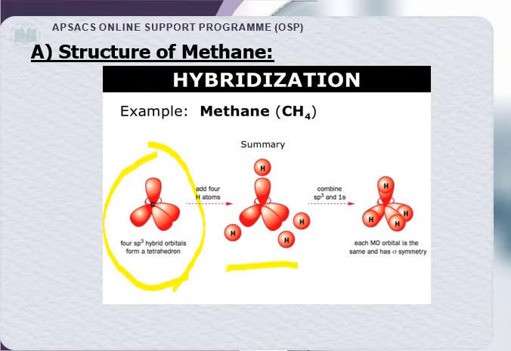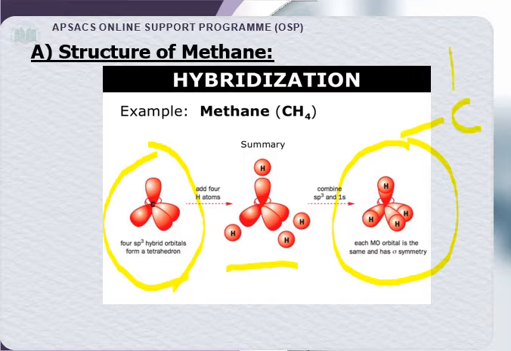Here we have the 1s orbitals of hydrogen, each of which will overlap with an sp3 hybrid orbital of the carbon atom, and it will give the formation of a tetrahedral molecule in which carbon is linked with four hydrogen atoms, making four sigma bonds, right? As each one is having a central axis.